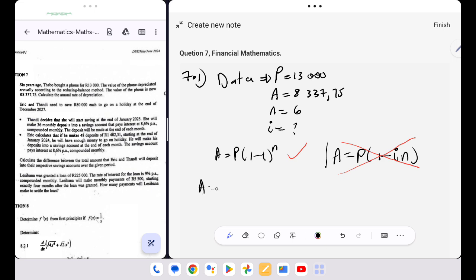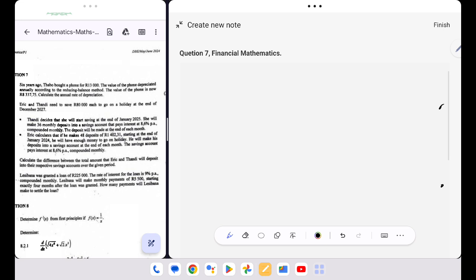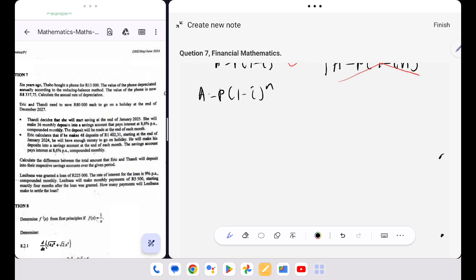We know that A is equal to P(1 minus i) to the power n. My value of A, this thing in future, will be worth 8,337.75. It cost Tabo 13,000.